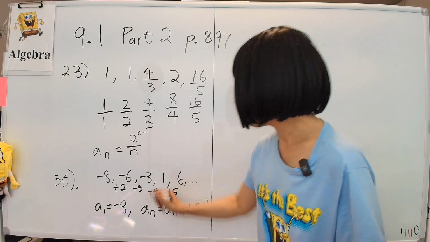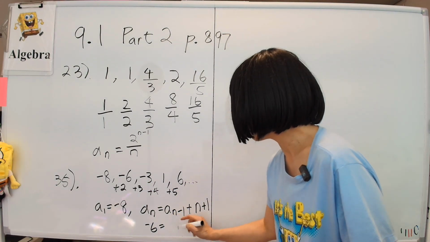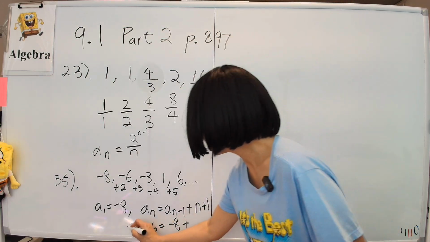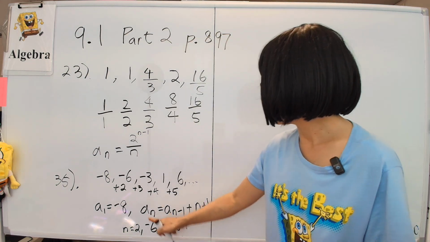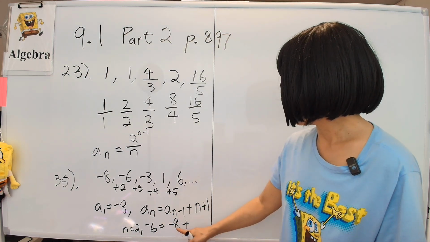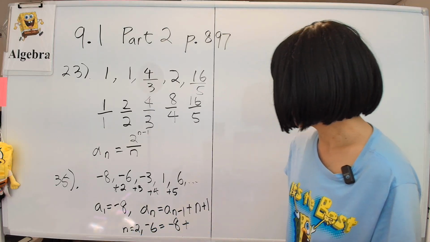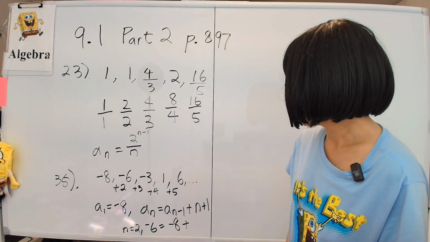a2, which is minus 6, will be equal to a1, the one before, minus 8, plus, for n equal to 2, plus 2.